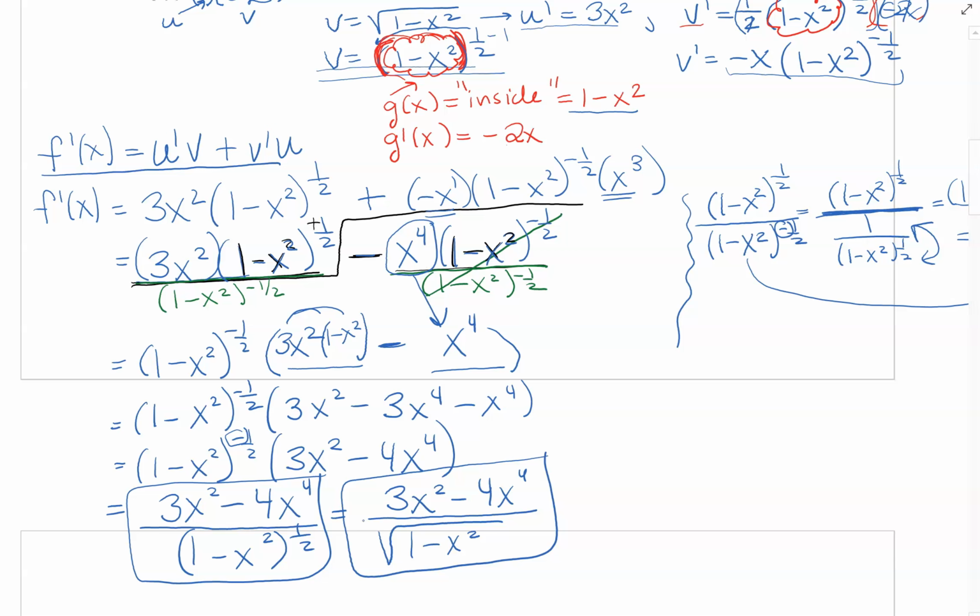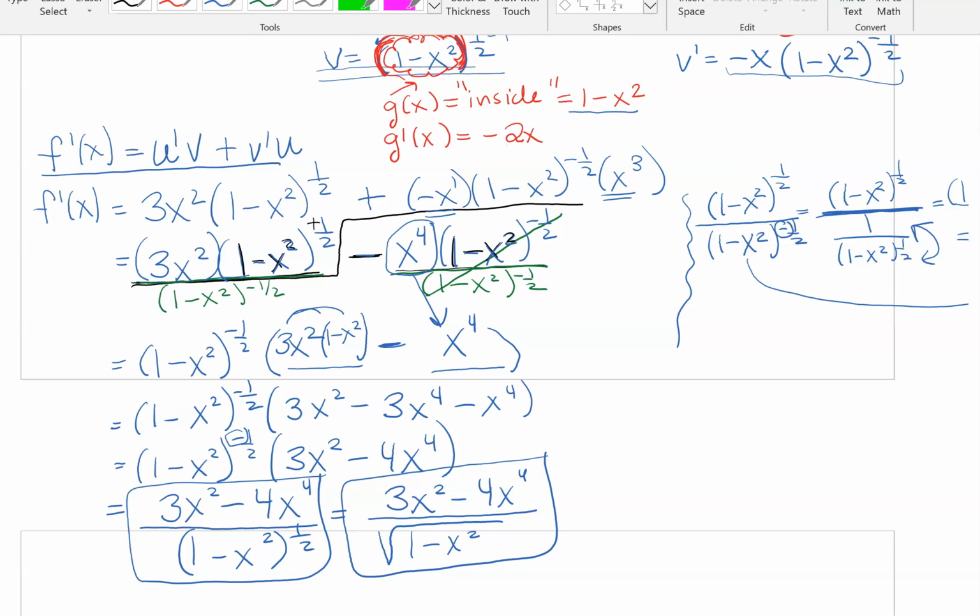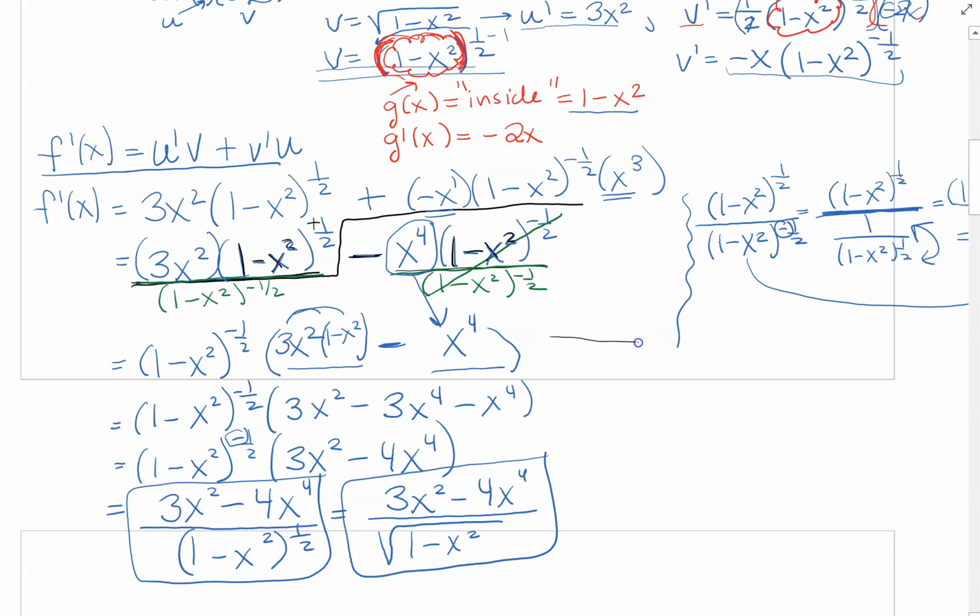Now, you saw in one of the prior videos that there is also a way to do this by just getting a common denominator. So let me show you that as another option for simplifying. Let me take it from here again.